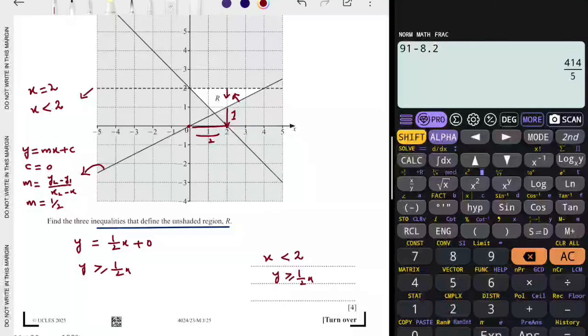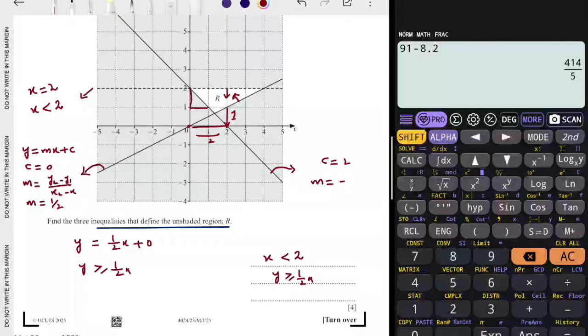Now line 3. So the y-intercept is 2 here. Now we have to find the gradient. For this purpose we can use the concept of rise over run, that is the rise is this and the run is this one.